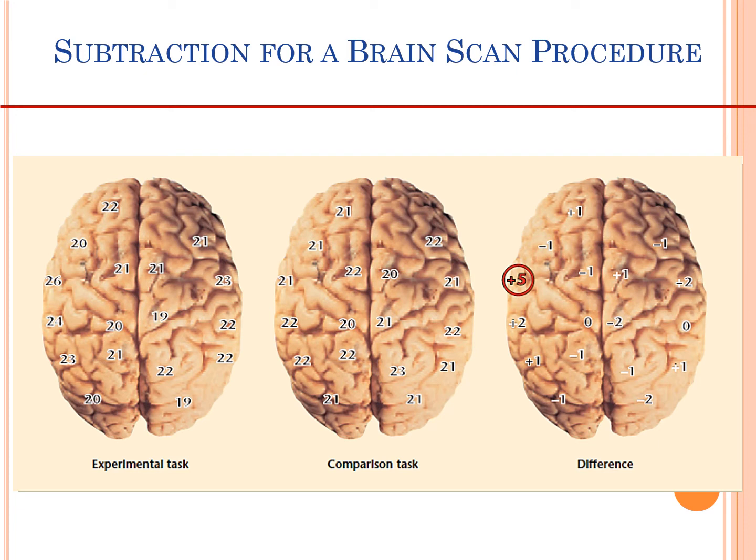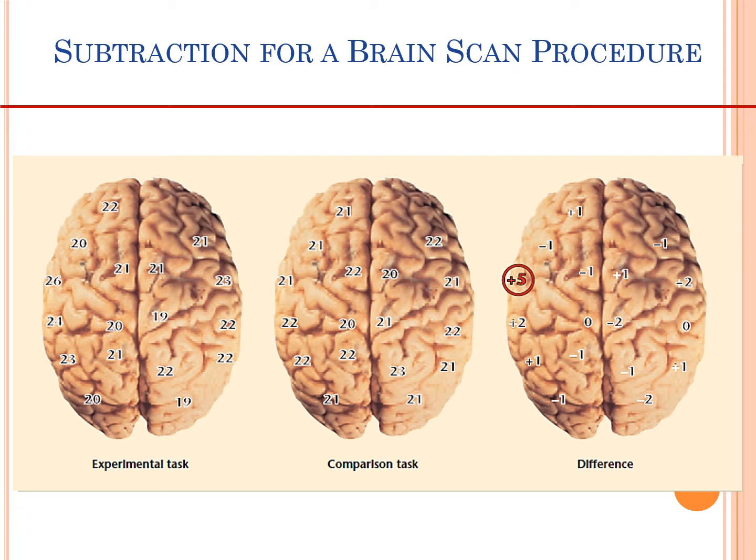So we really want to see the activity that's due to this specific task, and so we need some kind of comparison task, and we subtract the brain activity to the comparison task from the brain activity to the experimental task. I think this example had looking at words as the experimental task, although I'm pretty sure the example is made up, but he gives us an example of a possible subtraction.